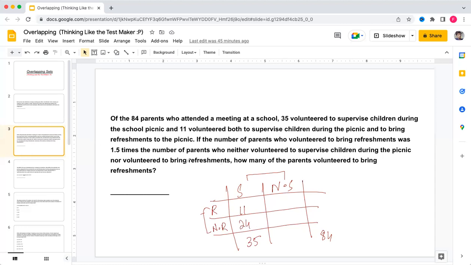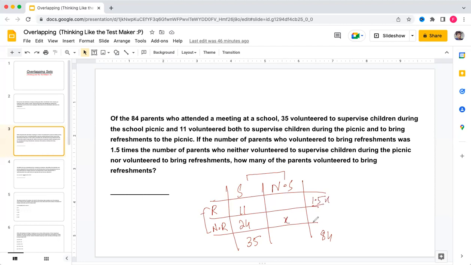The next thing is, we are given that the number of parents who volunteer to bring refreshment, that is this thing, let's leave it for a while, was 1.5 times the number of parents who neither volunteered. So let's call this X. So this will be 1.5x.